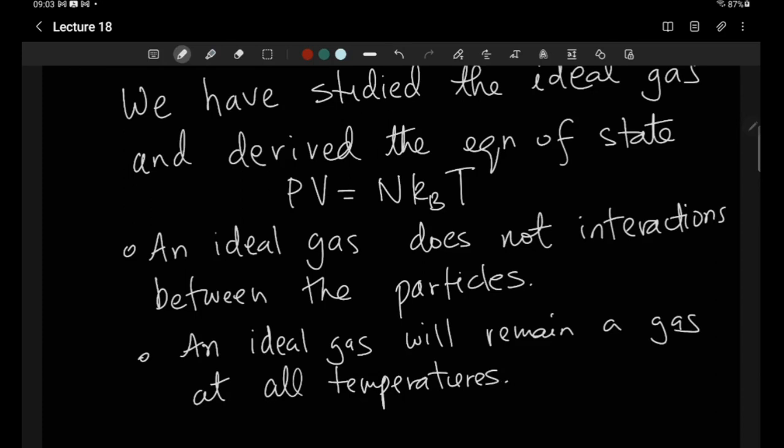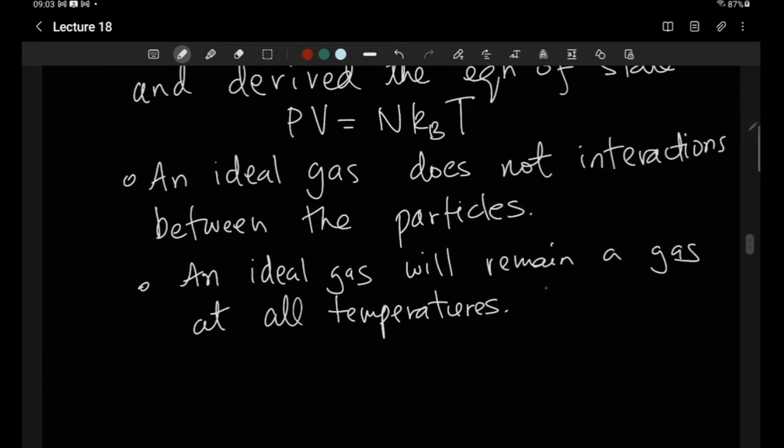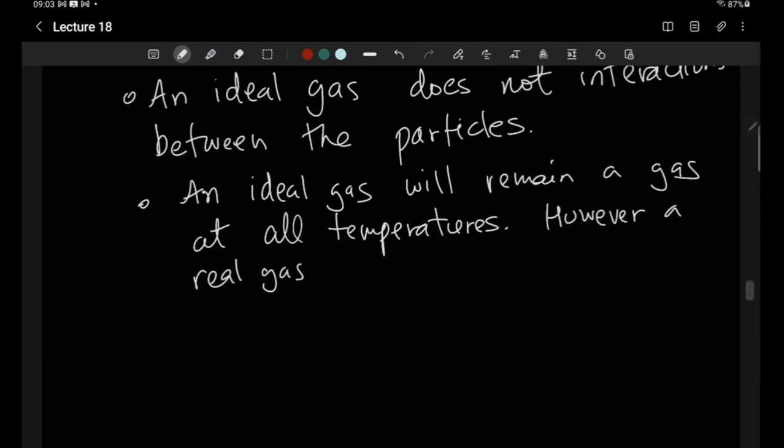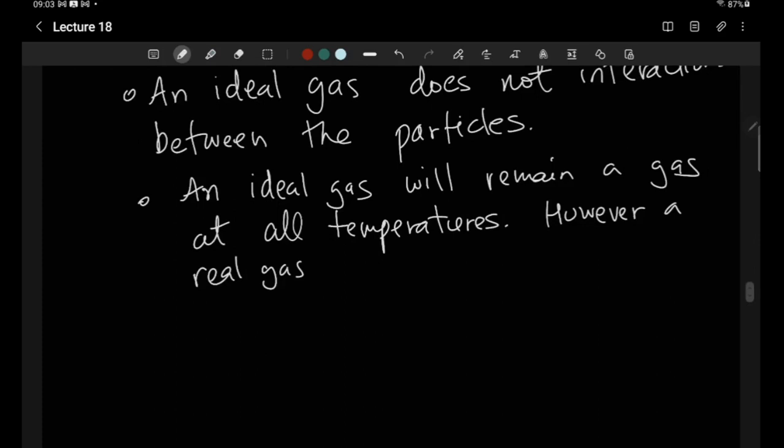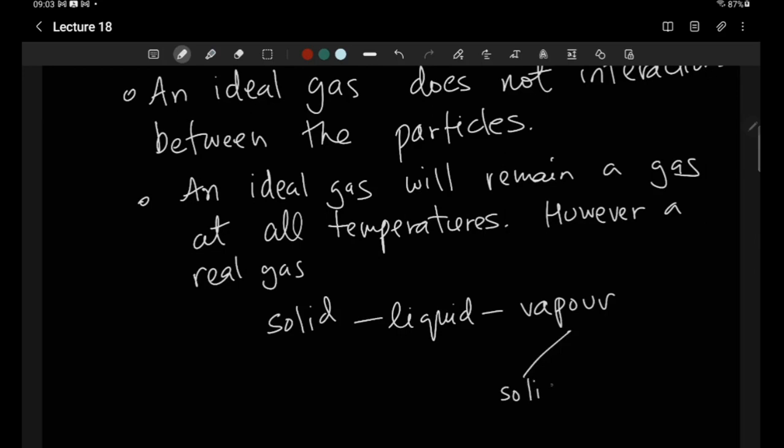However, what we call a real gas will have a liquid to gas or vapor transition, but there can also be solid to liquid, and there are situations where you can go straight from solid to gas.